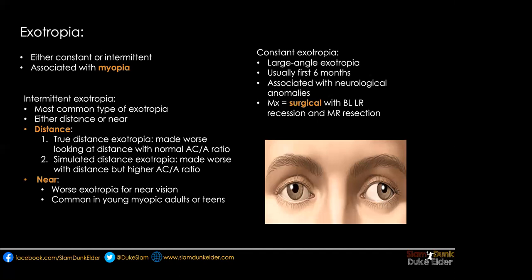And then obviously opposite to that is the near, which is worse for near vision. And constant exotropia is much easier to see. It's larger, and the management here is all surgical.